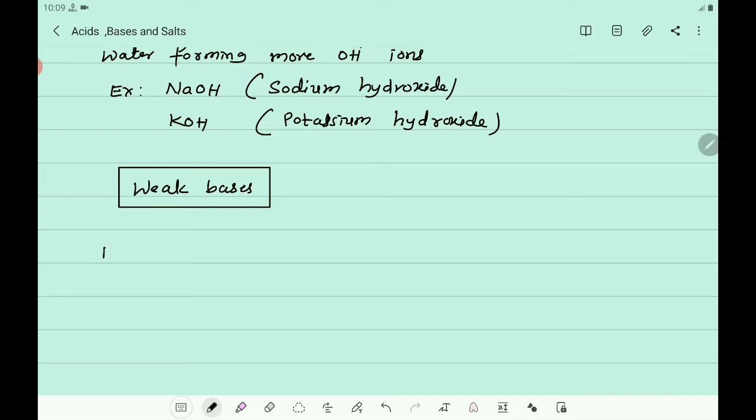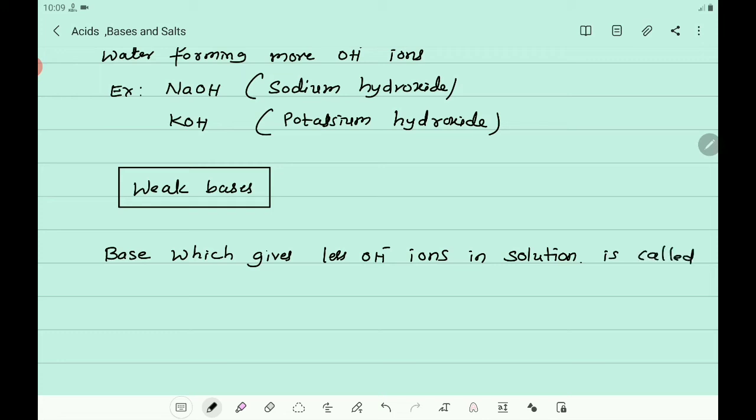Write that base which gives less OH minus ions in solution is called a weak base.